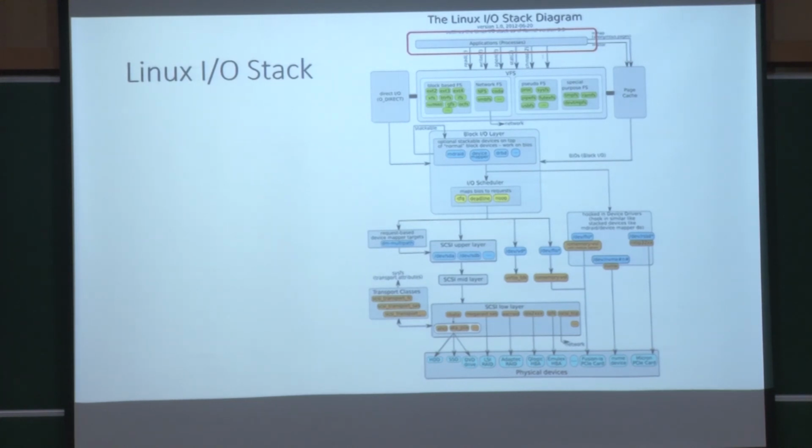So when you are trying to optimize accesses to a particular device, you not only have to optimize the devices themselves, but you also have to look at where time is being spent in all of these different layers, right? And that's why this entire domain of looking at storage devices and trying to optimize them requires you to understand how devices themselves work, but also how you access those devices through this entire software stack, right?